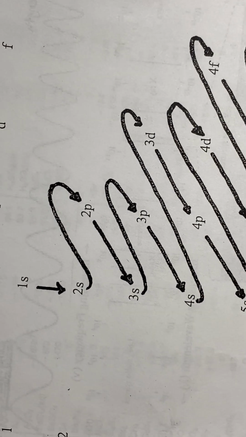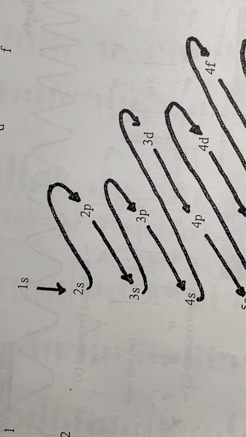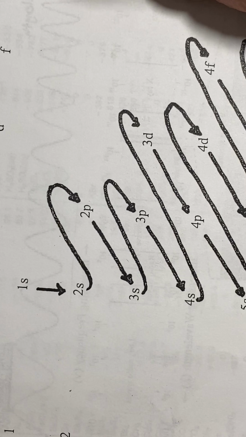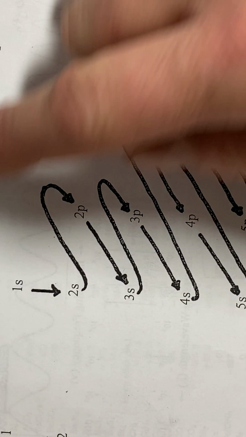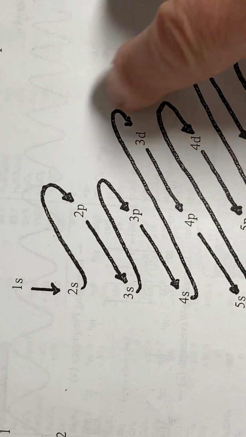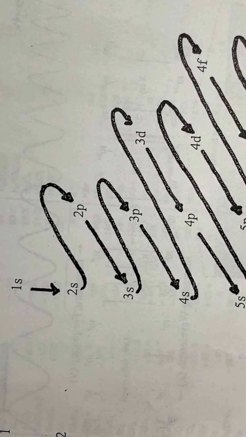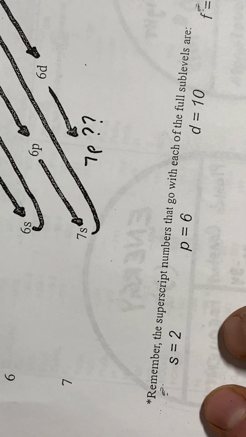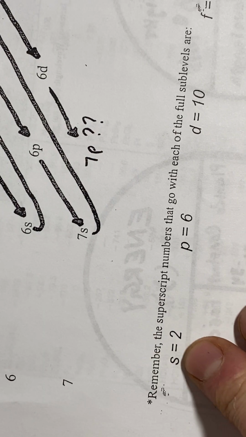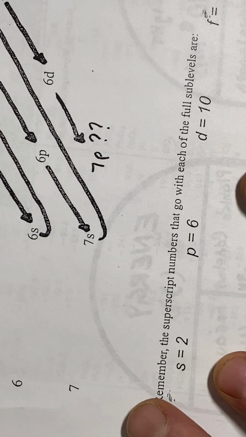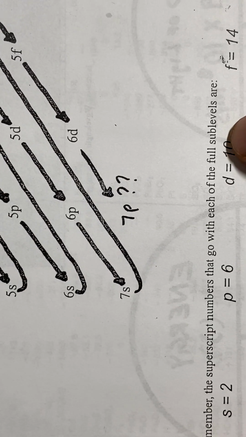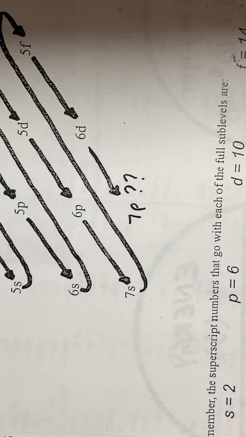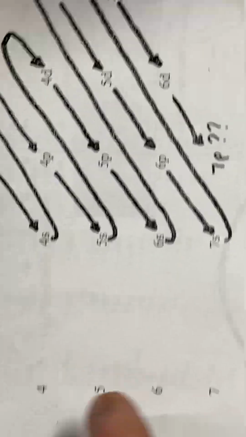This is the sequence of sublevel filling in terms of lowest energy to highest energy, and we follow this snaky arrow diagonal line, filling in sublevels with the appropriate number of electrons as we go. Remember, those appropriate numbers are 2 in the S sublevel, 6 in the P, 10 in the D sublevel, and 14 in the F sublevel. So we'll refer back to this sequence.